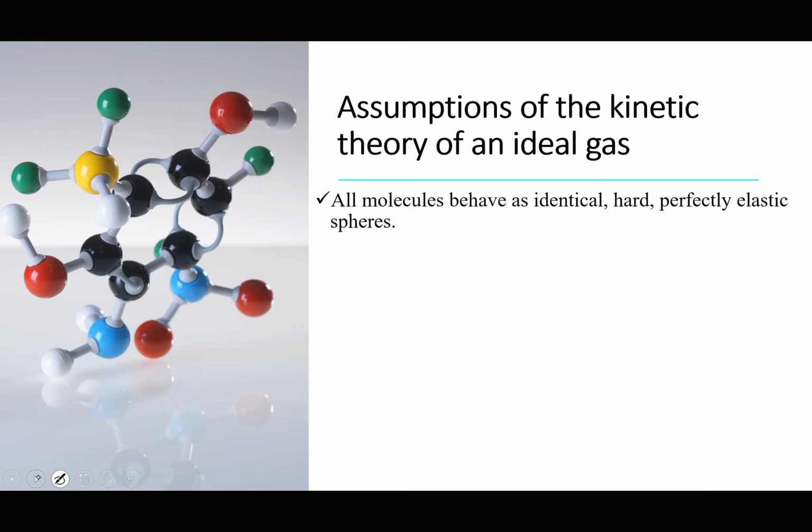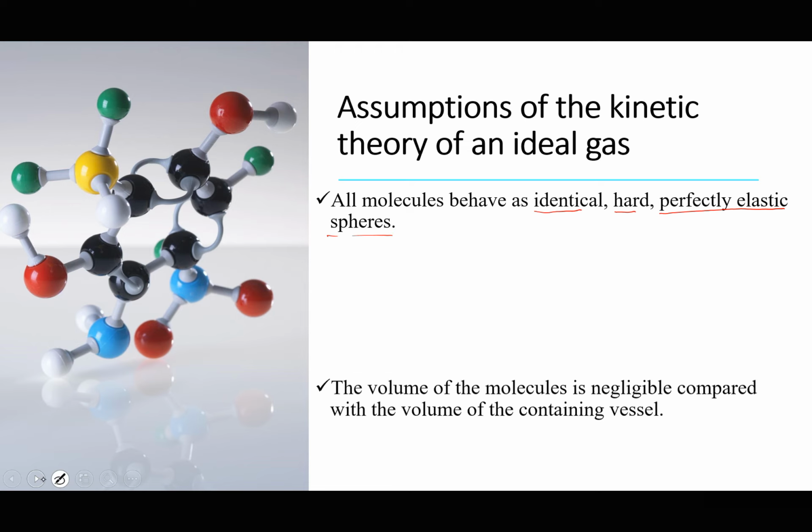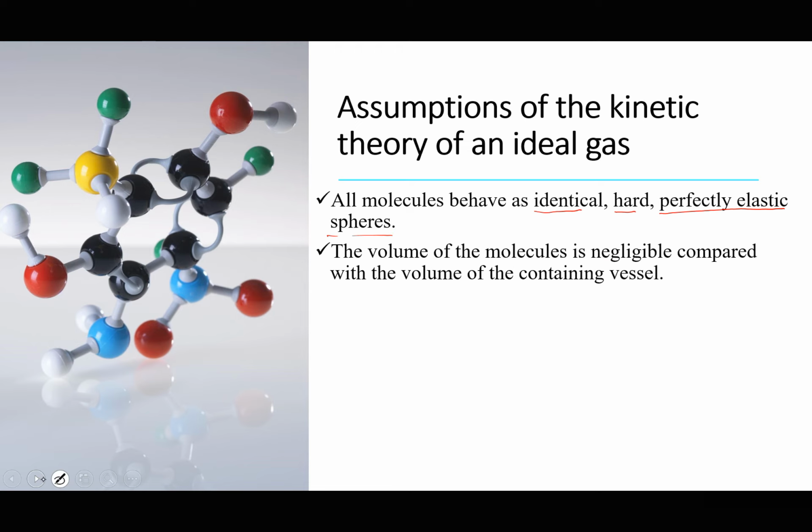So we are always going to assume that all molecules behave as identical, hard, perfectly elastic spheres. Number two, remember, these are just assumptions. The volume of the molecules is going to be negligible compared with the volume of the containing vessel.